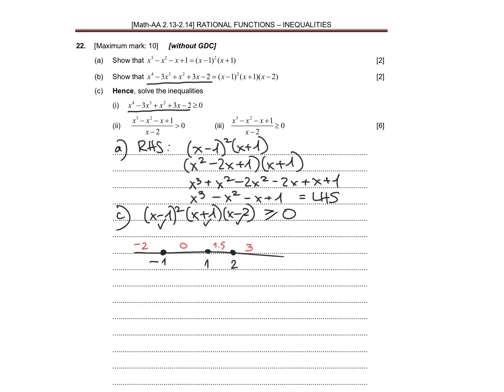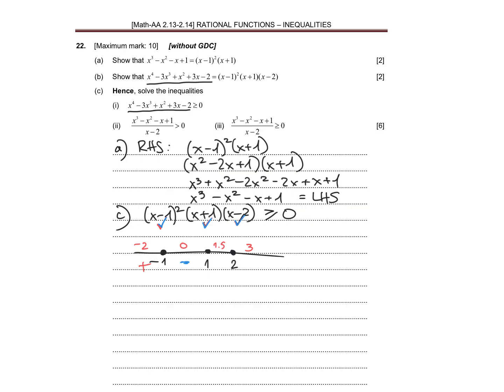And when we substitute in negative 2, this thing's always positive, and then this will be negative, and this will be negative. So we have a positive times 2 negatives, which is a positive. At 0, we're going to have a positive, positive, negative.